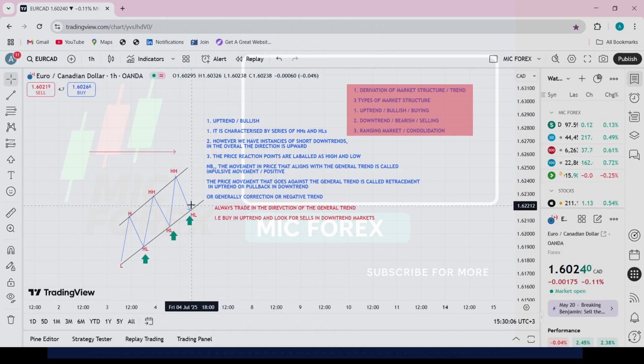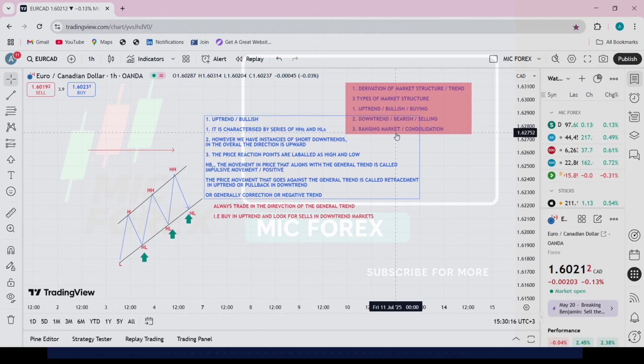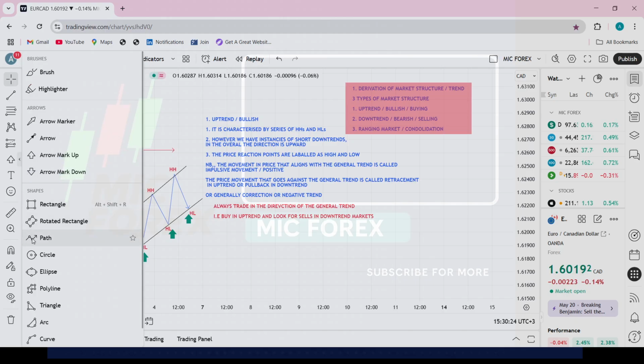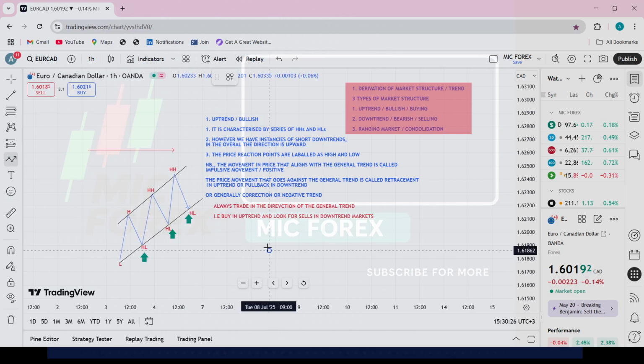The market is retracing to pick more orders so that it can continue upward. But in a downtrend, we say that the price is pulling back. That is pure Forex language. The price is pulling back. So when you attend M.I.C classes, you don't just confuse these two very important concepts.